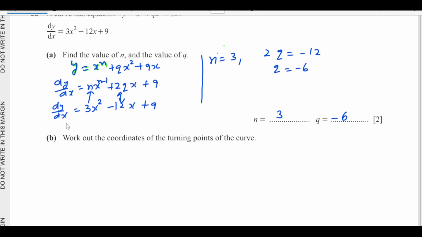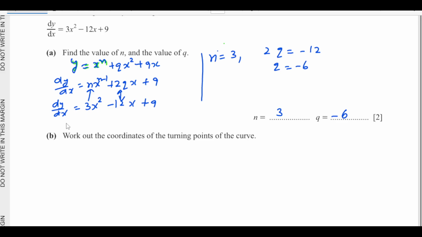Work out the coordinates of the turning point of the curve. At the turning point, the first derivative dy/dx is 0. So that means 3x squared minus 12x plus 9 is equal to 0. Taking out 3 common, we can make factors of this.